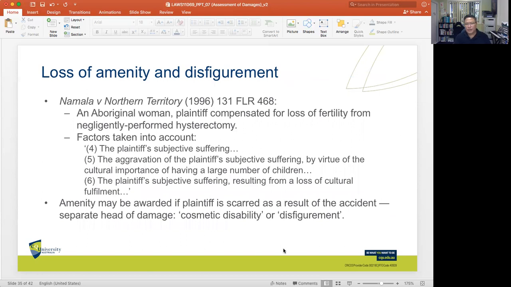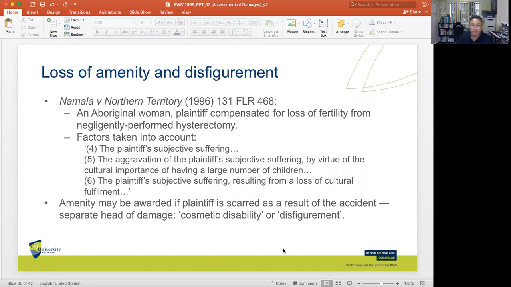Now, this particular principle about subjective feelings of loss was further examined in the case of Namala versus Northern Territory, where you had an Aboriginal woman who sought compensation for the loss of fertility from a negligently performed hysterectomy. And the court said that when you compute for loss of amenity, some of the factors that are taken into account include the plaintiff's subjective suffering, as well as the aggravation of the plaintiff's subjective suffering by virtue of the cultural importance of having a large number of children.